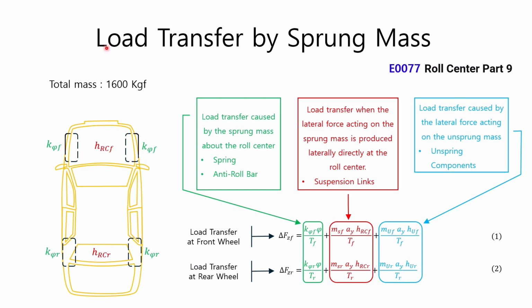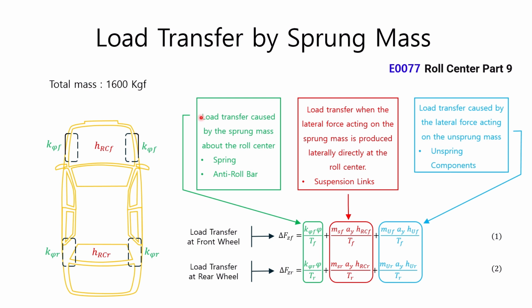First, let's review the overall load transfer of the sprung mass under lateral acceleration. In the previous video, E0077, roll center part 9, we understood that if the sprung mass is rigid, the front and rear roll angles are equal.